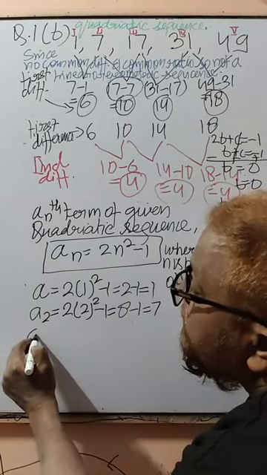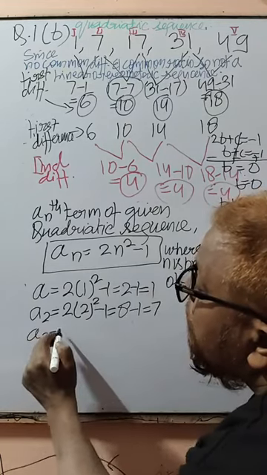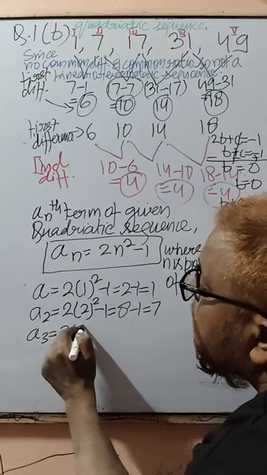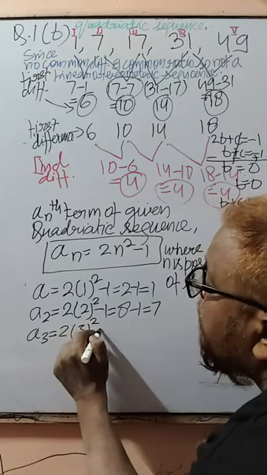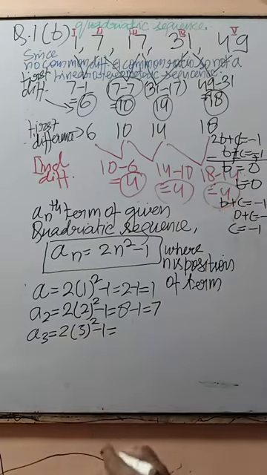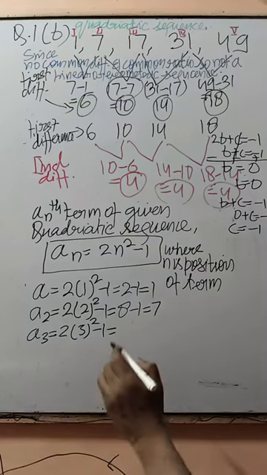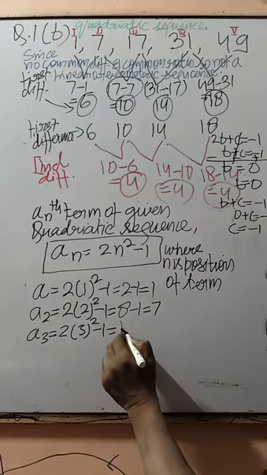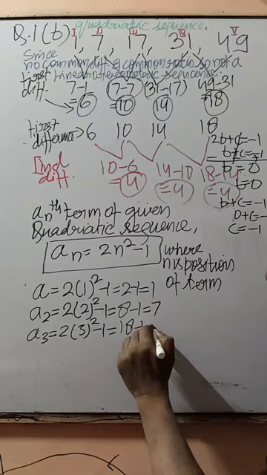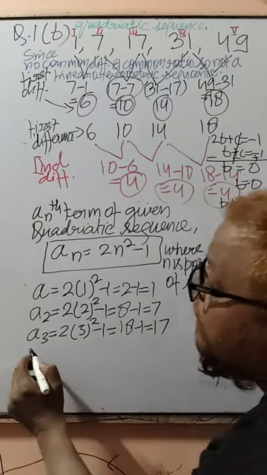Now a3 is equal to 2 into 3 squared minus 1. 3 squared is 9, 2 times 9 becomes 18, minus 1 is equal to 17.